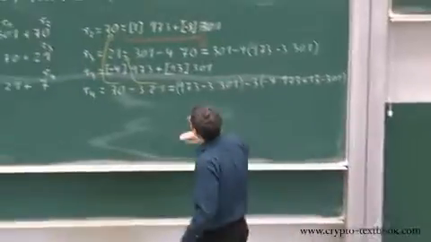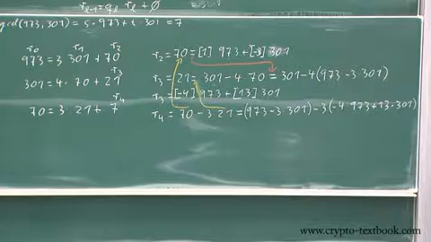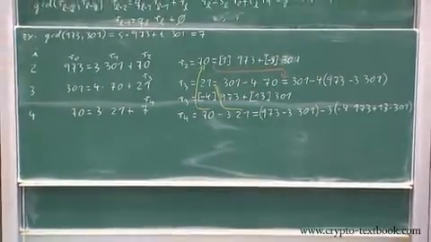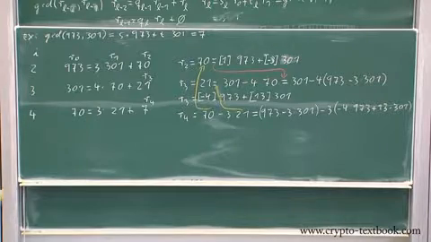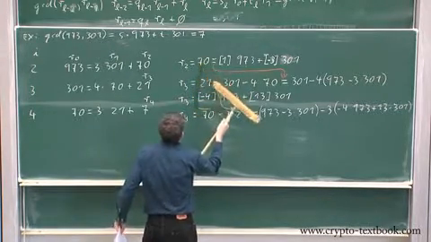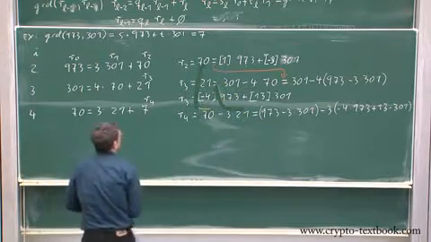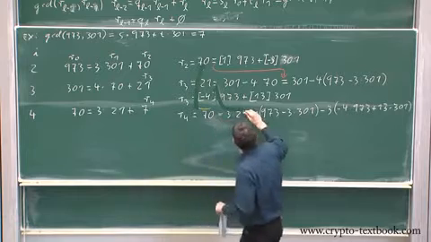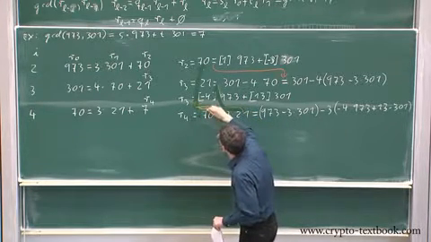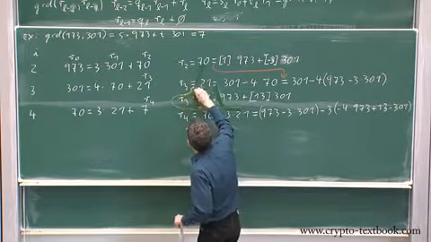Okay, so actually, a more exact... what I should have done is... it's no big deal, don't panic. So this 21 you get from here, and this 70 you get from here.